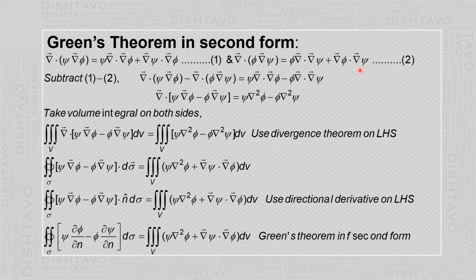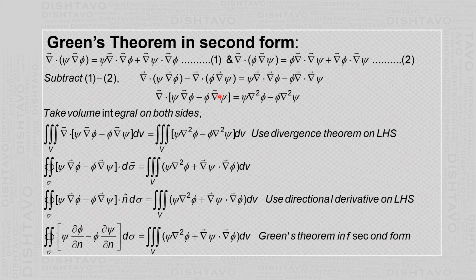So when we subtract, that cancels, and what remains when you subtract the right hand sides of the two equations is the first term on the right hand side of the first equation, that is psi del dot grad phi, minus the first term on the right hand side of the second equation, that is phi del dot del psi.